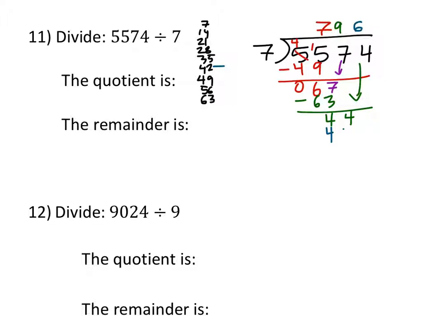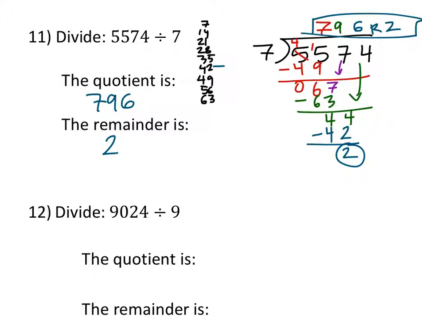Very good. And then I subtract this, and I've got 2 remainder. So I got 796 times. Guess how many times this will go into the 5,574 with a remainder of 2. Now, if we had done this on a problem regularly, we could just write it like this. 796 R2, the R for the remainder.